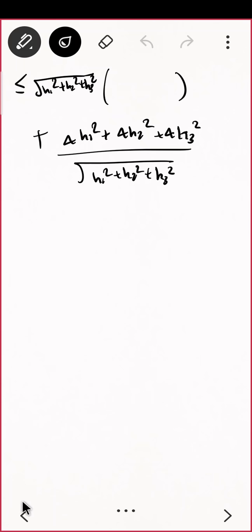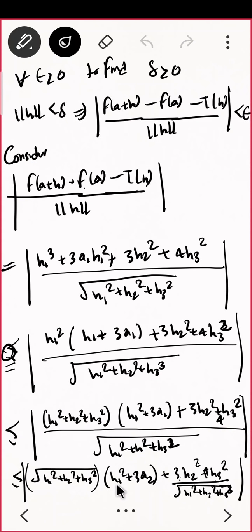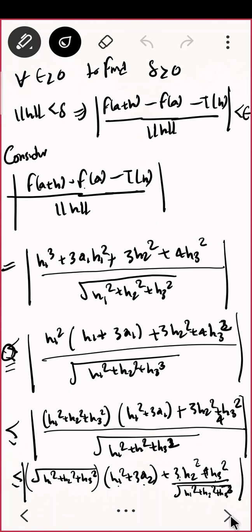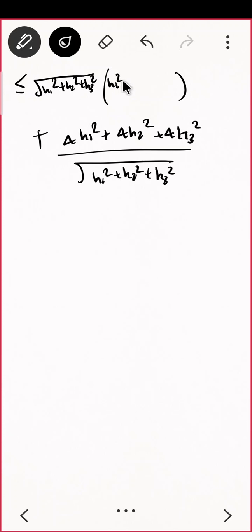What about this one? This is h1 square plus 3e2, correct? So can I write this as h1 square plus, this is 3e2, na, so it depends on your e2, whether it is greater or smaller, so that is a constant for me. So at the place of h1, can I write again h1 square plus h2 square plus h3 square plus 3a2, because it is less than or equal to, so it will work, it makes no difference. I hope you understand that.